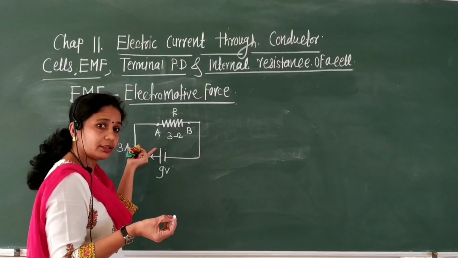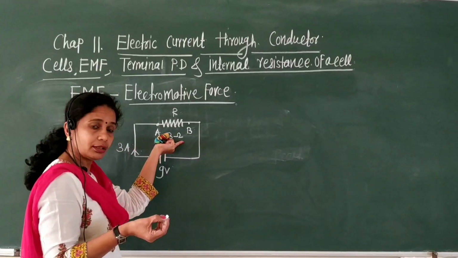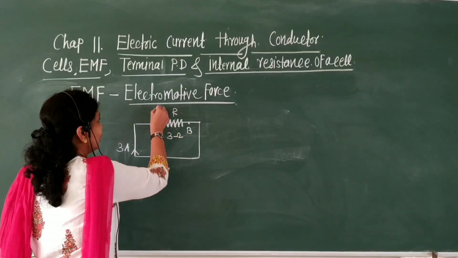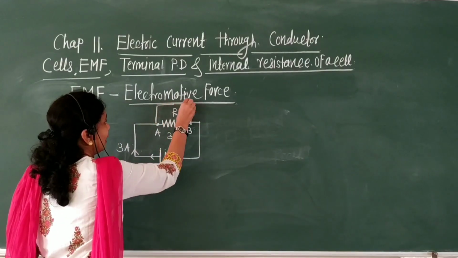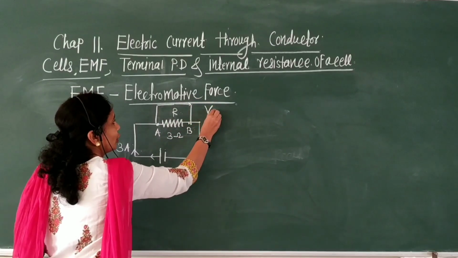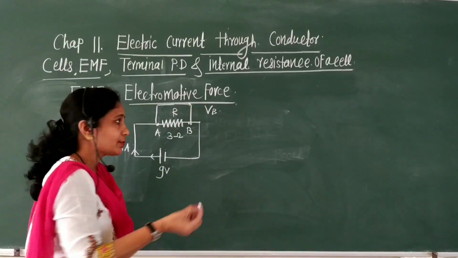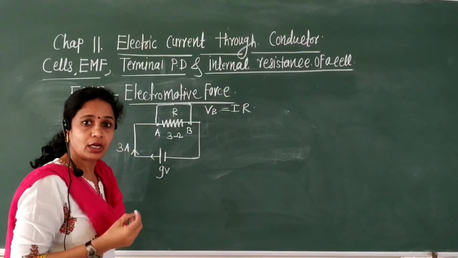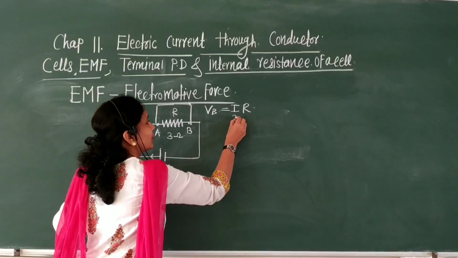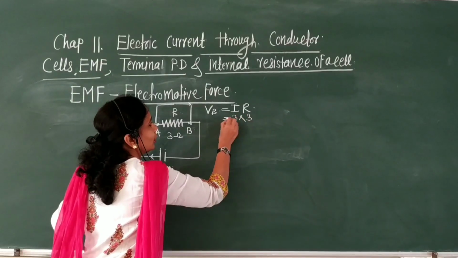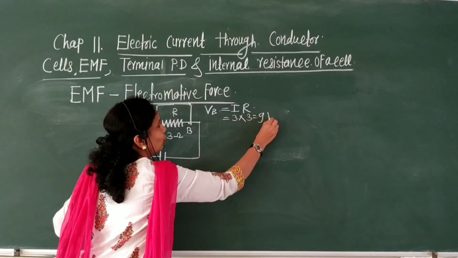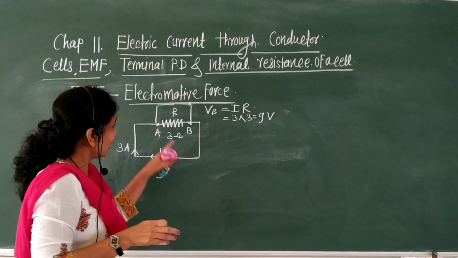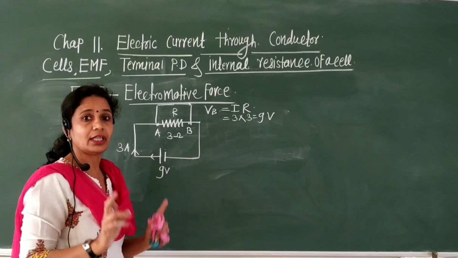Due to this charge, there is some potential difference across AB, called V, which is measured according to Ohm's law. Ohm's law: V is equal to I into R. I is 3, R is 3, therefore it becomes 9 volt. Therefore, the potential difference across AB is 9 volt.